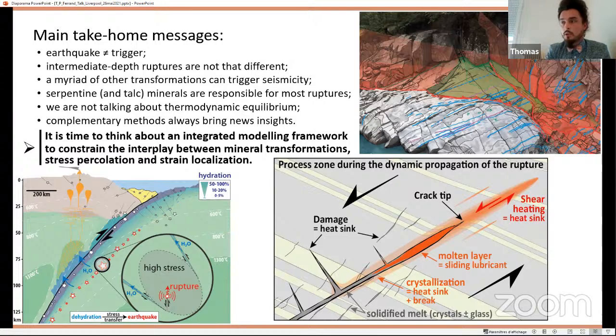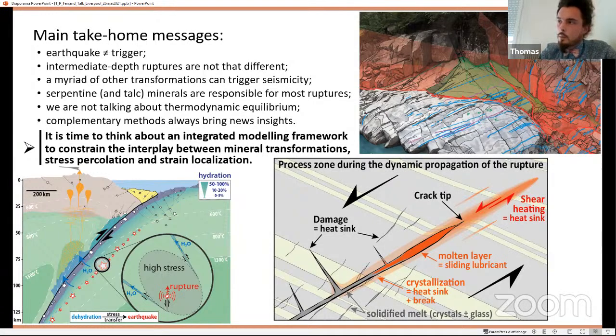Intermediate depth ruptures are not that different from conventional ruptures, let's say. A myriad of other transformations can trigger seismicity, but serpentine and talc minerals are responsible for most ruptures.